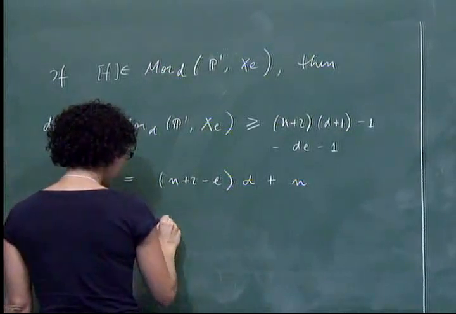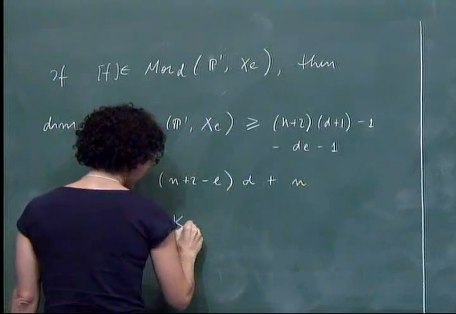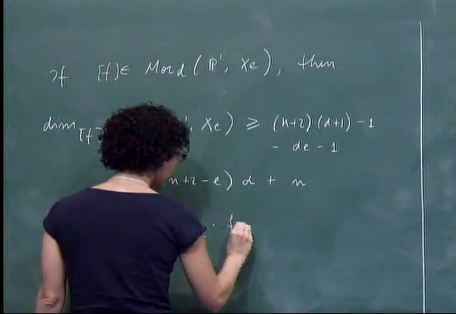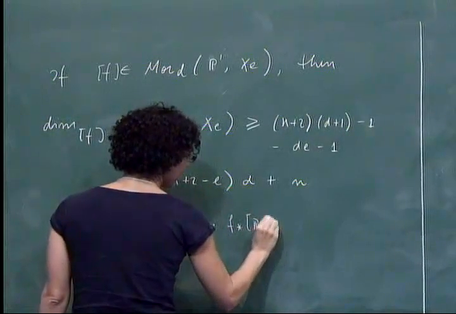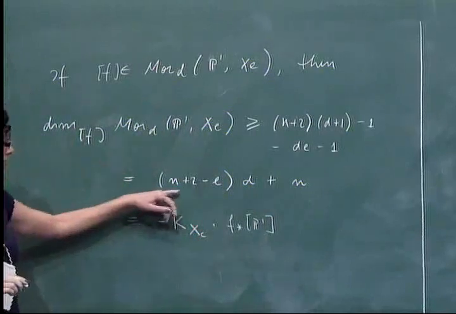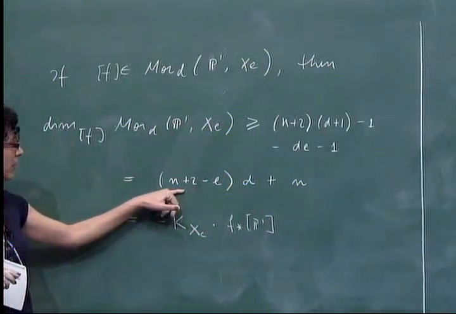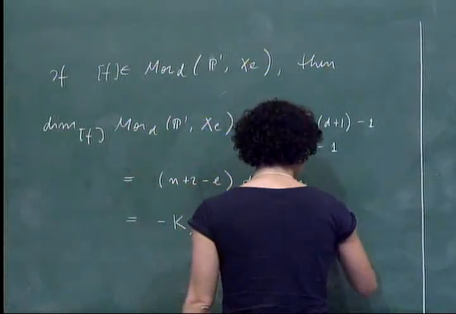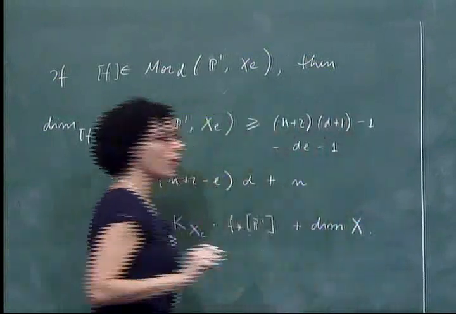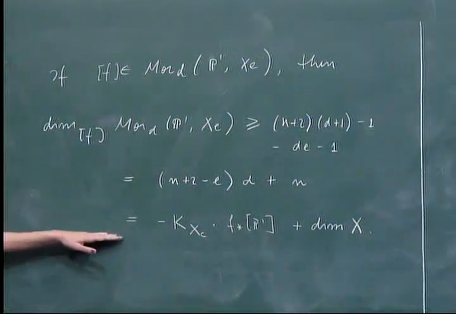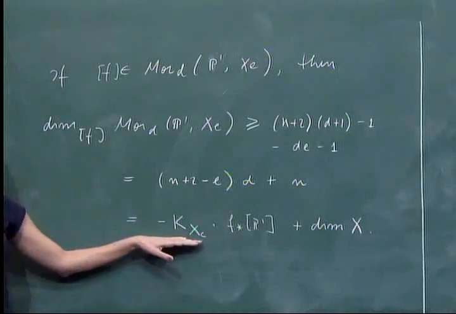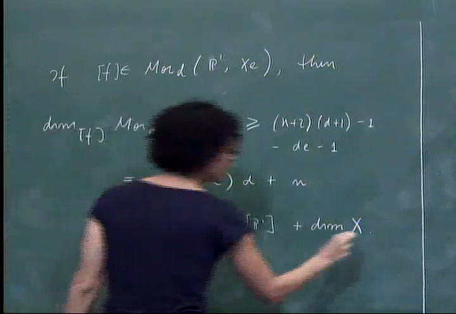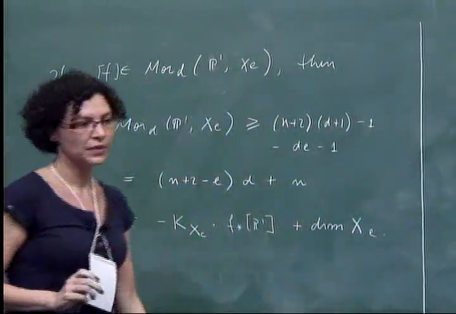You can check that this is exactly the anticanonical degree of the curve, which is this part here, the anticanonical bundle of X_e and the degree of the curve, plus the dimension of X. So we will see, I'm writing it this way because that estimate in fact always holds, not only for hypersurfaces. Okay.